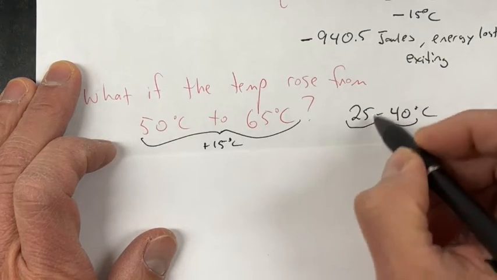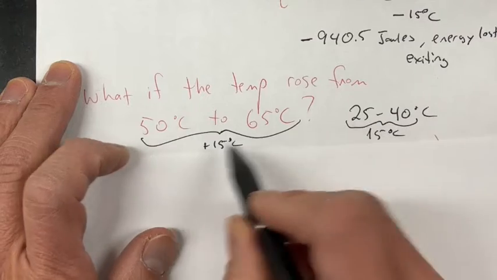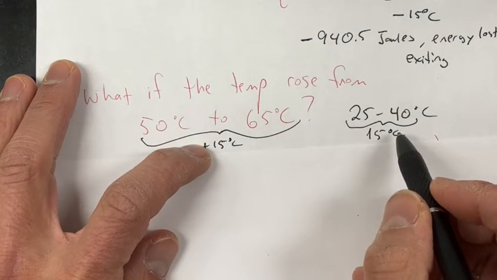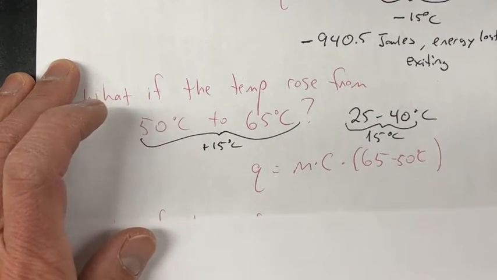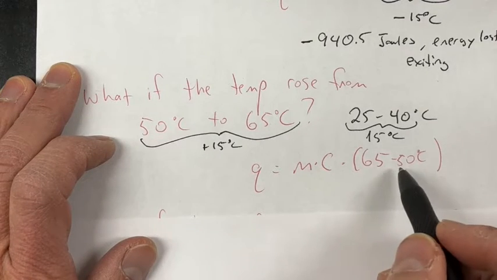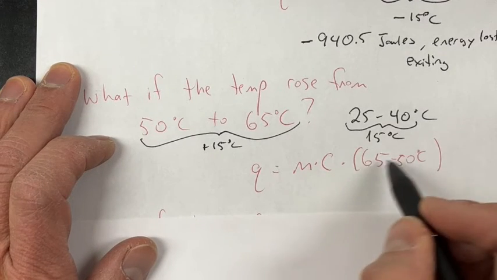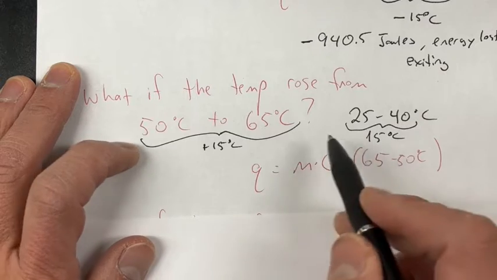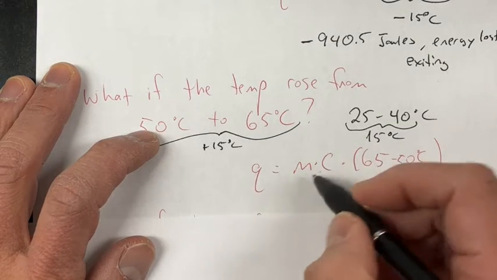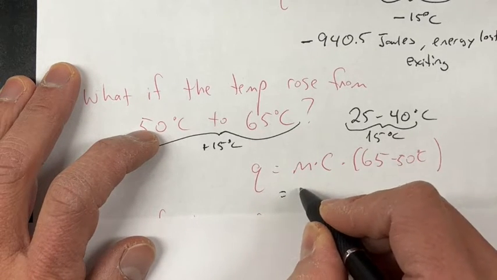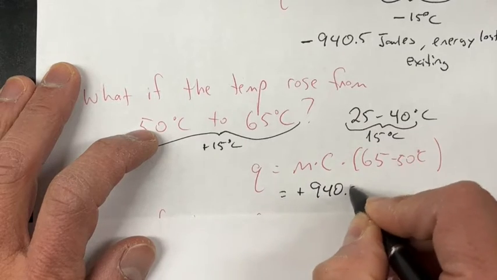If these two temperature changes are exactly the same, then it makes no difference at all, because my equation only requires the temperature change, not the actual temperatures. So it's still going to be plus 940.5 joules.